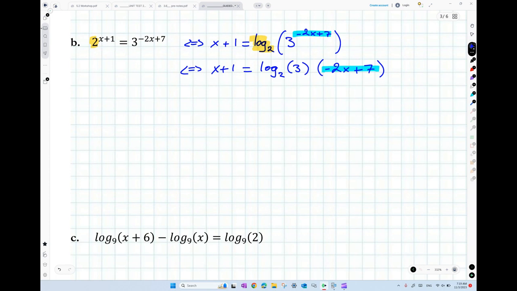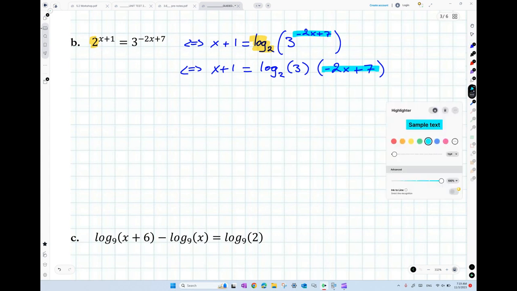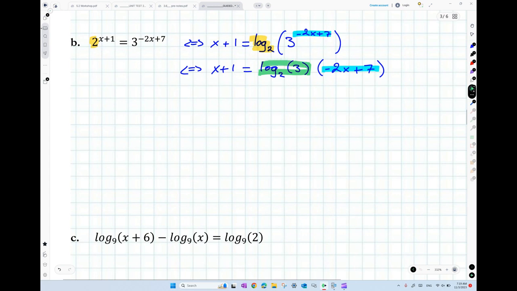Once you've done that, this is actually a linear equation. Just understand, I'm begging you, that log 2 of 3 is a chunk that you cannot separate.